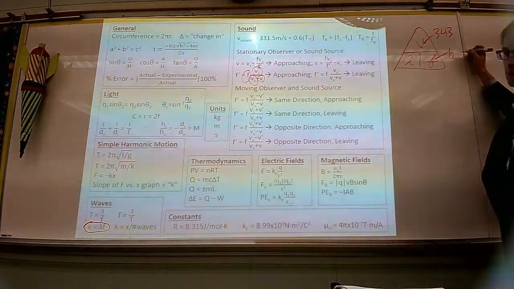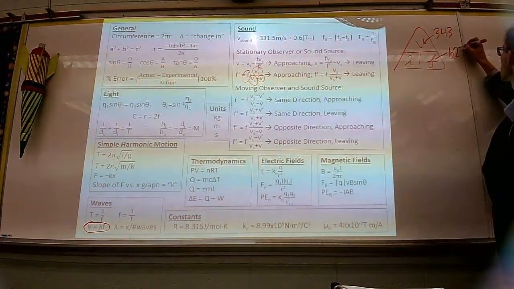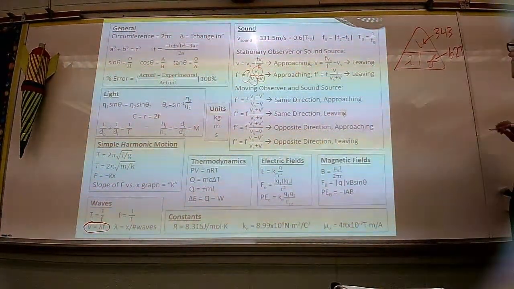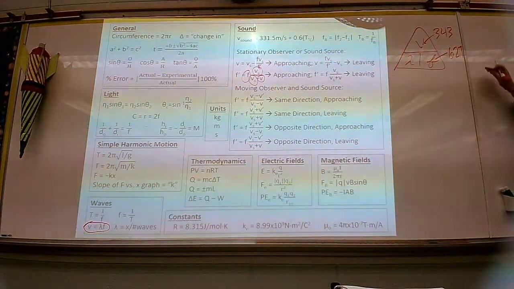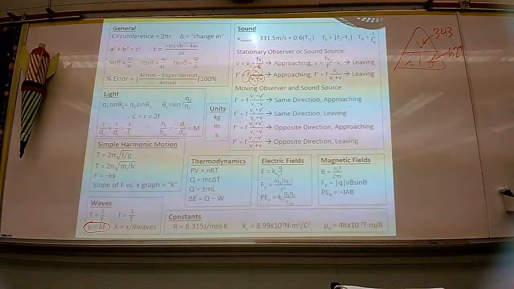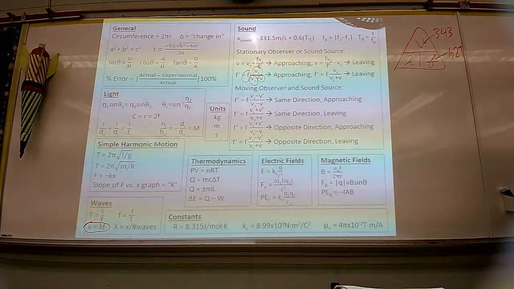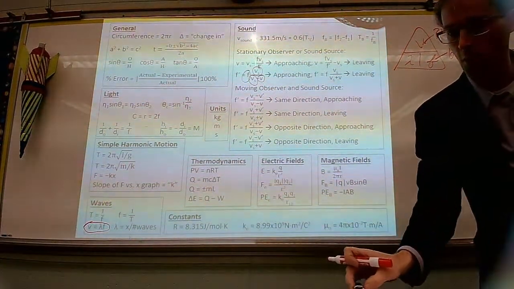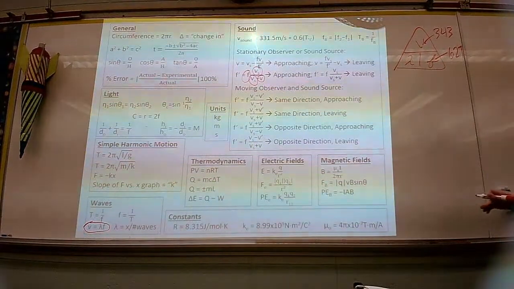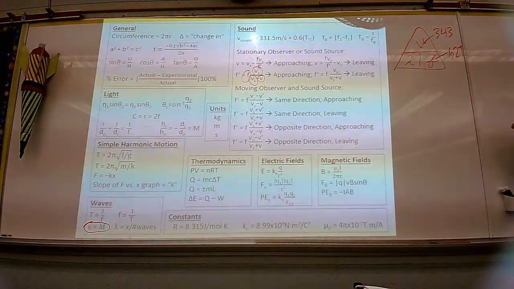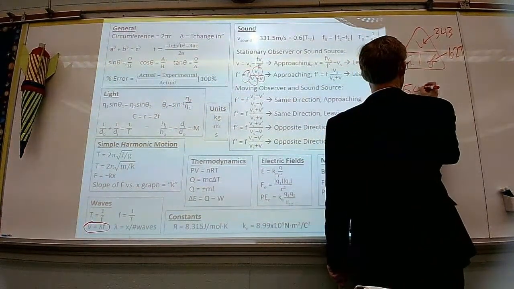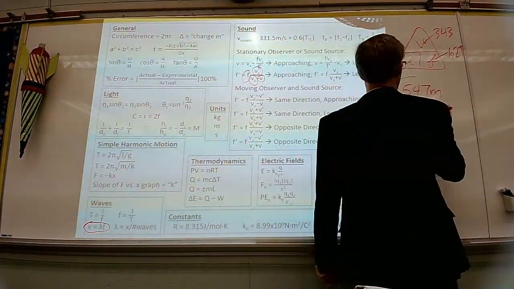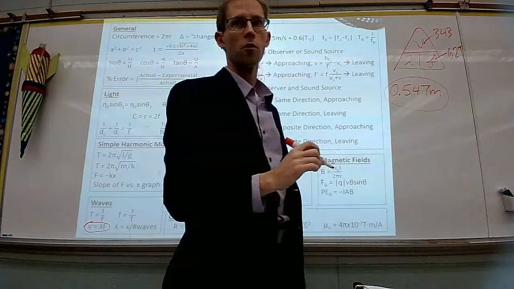This is 627. And so you can use this equation then to solve for your wavelength. 343 divided by 627, and you should end up with 0.547 meters. That's your wavelength for this question.